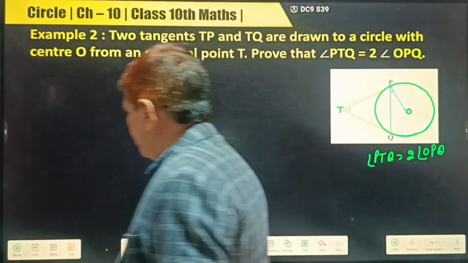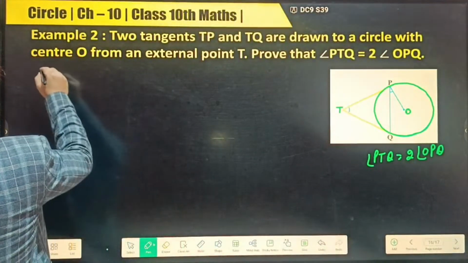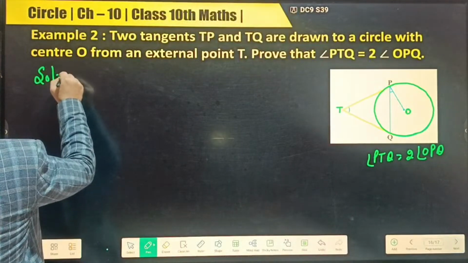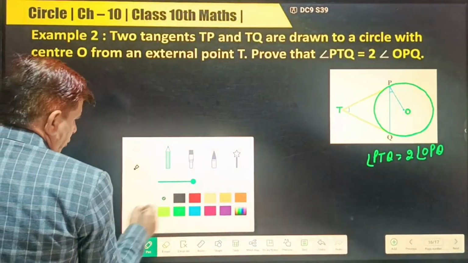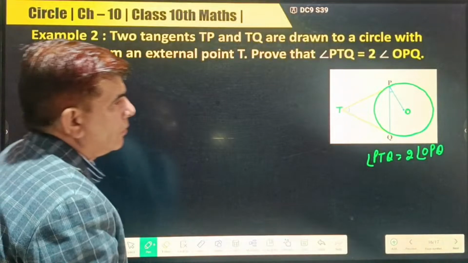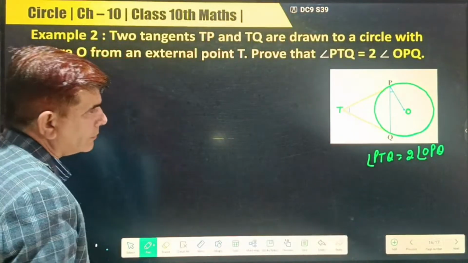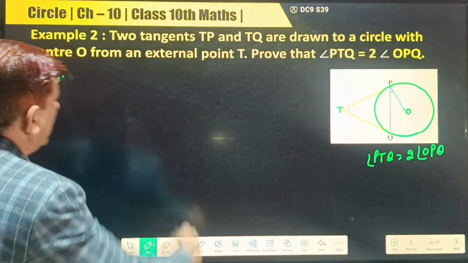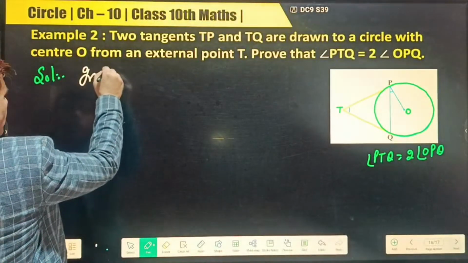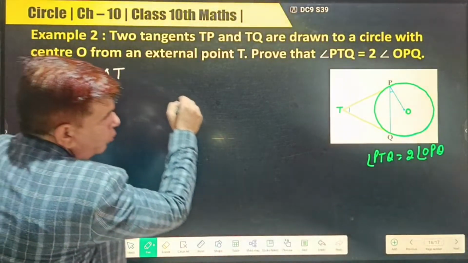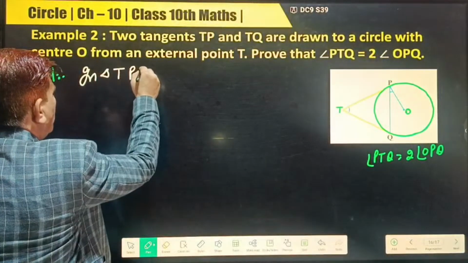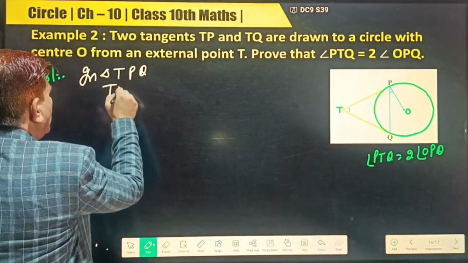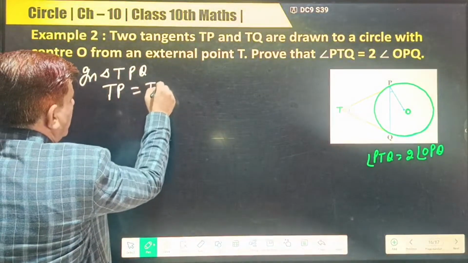So look, solution. What solution? What can you say? In triangle TPQ, TP equal to TQ.